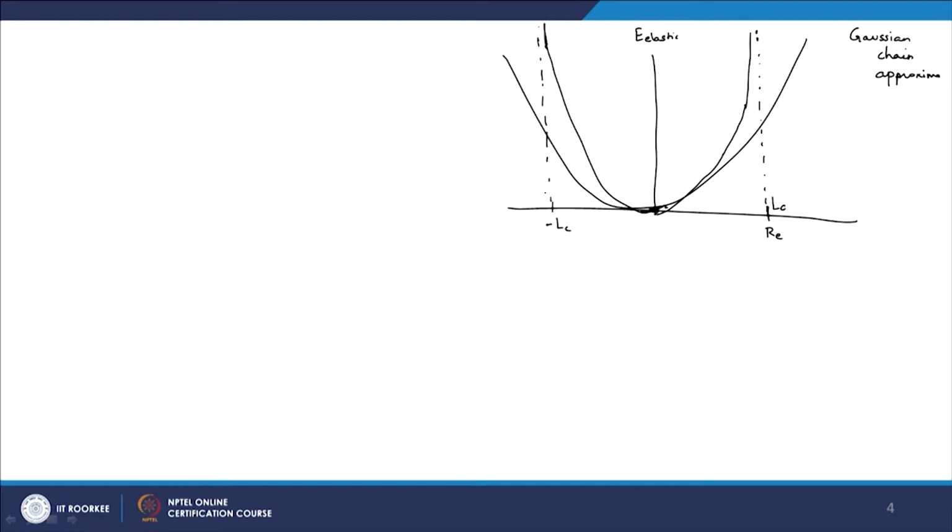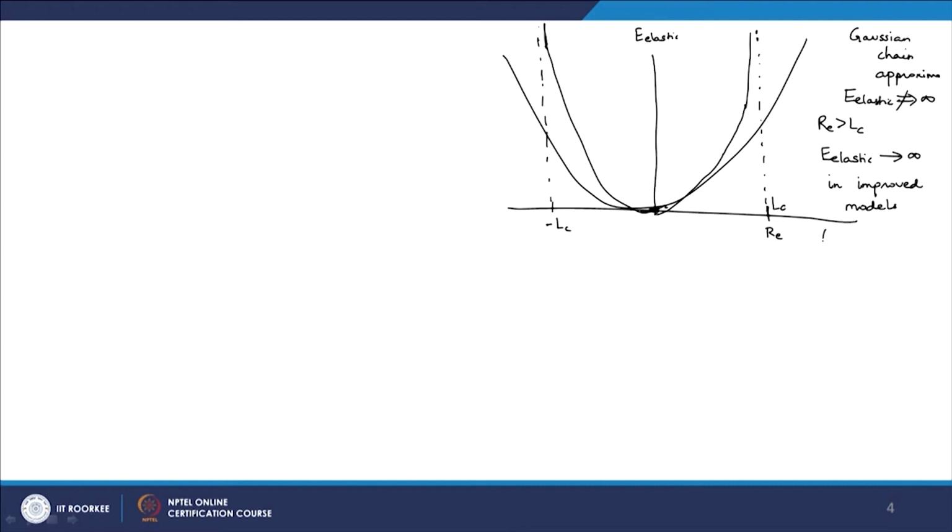That means that for Re higher than Lc, E elastic should really go to infinity in improved models, whereas in the Gaussian model E elastic does not tend to infinity.